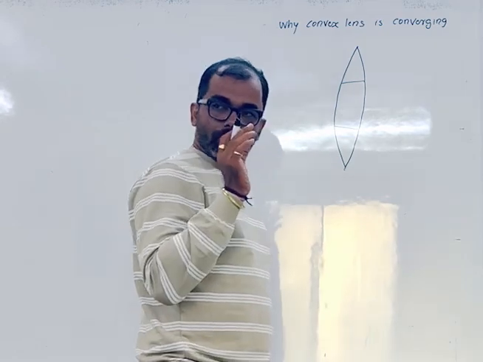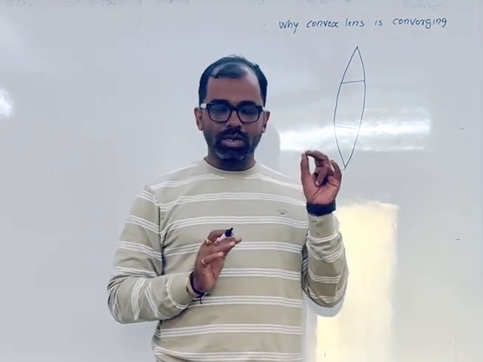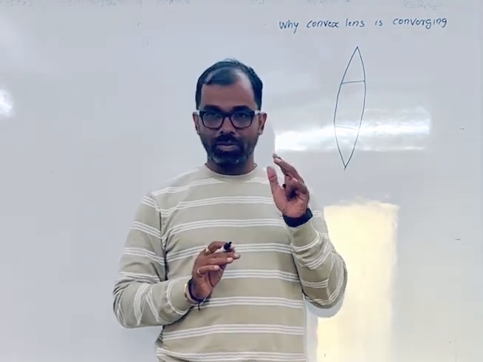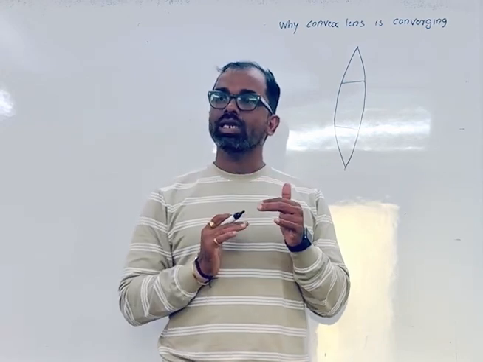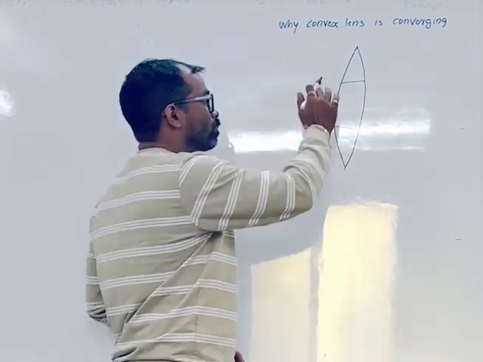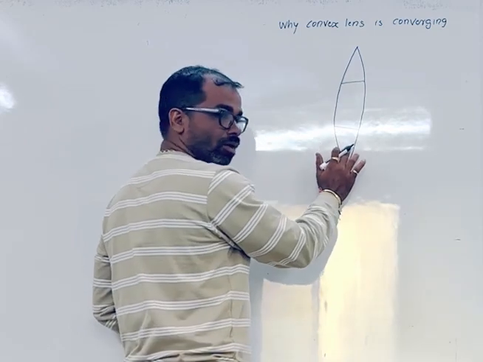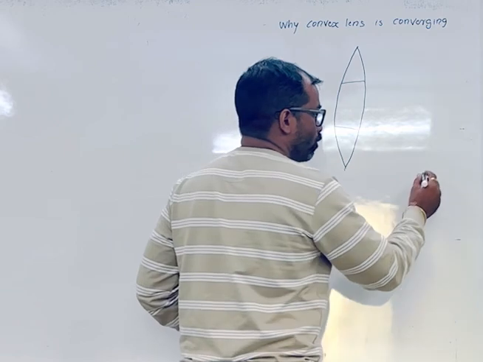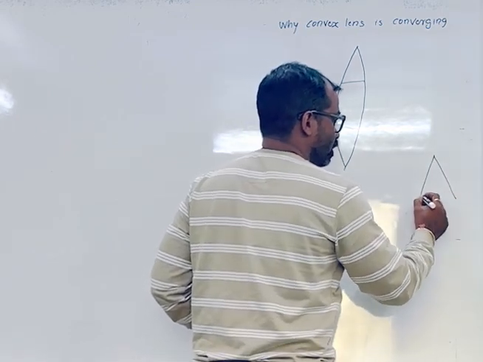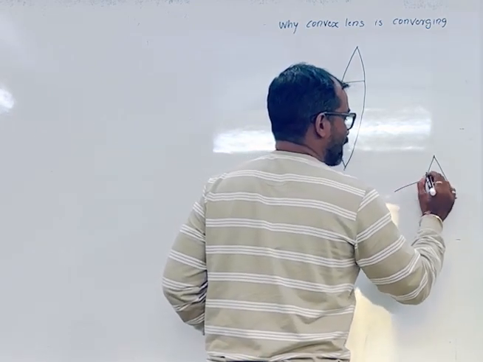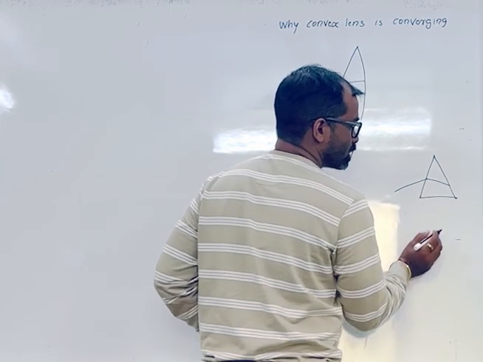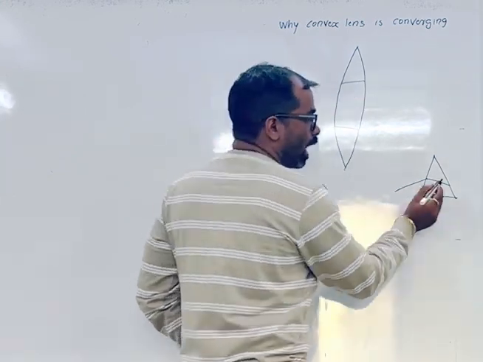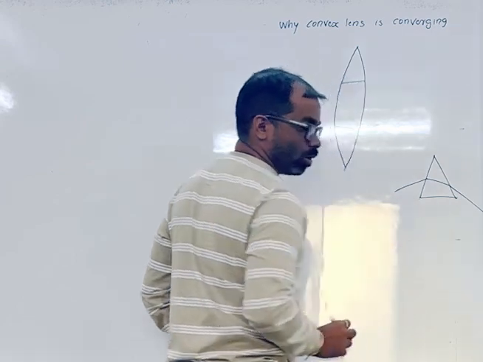Okay, so one convex lens consists of three parts, two prisms and one glass slab. So upper portion is prism, lower is prism, in between there is glass slab. And we know that whenever ray of light passes through prism, it bends towards the base. In last class only we did, it will bend towards the base while entering, again it will bend towards the base while going out.